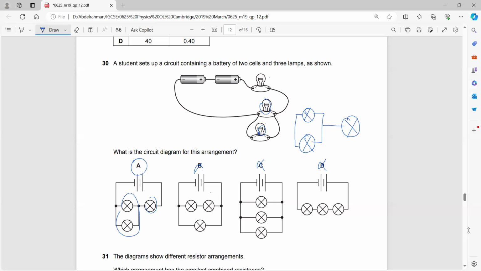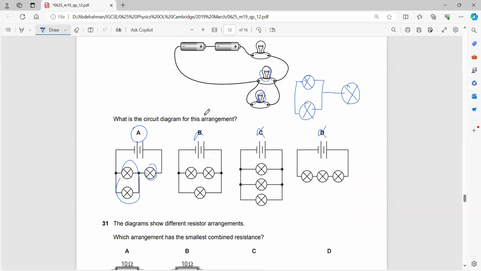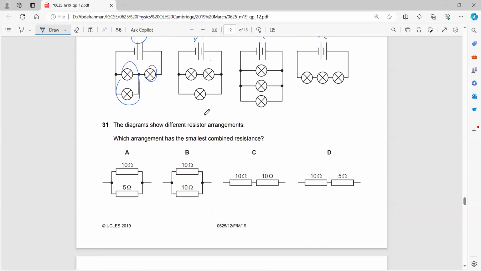Excellent. Yes, bravo. Question 31. The smallest combined resistance. Which of these would have the smallest combined resistance? Definitely D and C are wrong, so we have to cancel out C and D. Is it A or B?